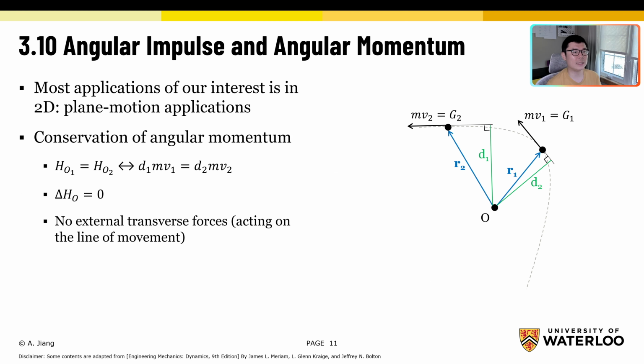We will look at the conservation of angular momentum here. Most of the time, we're going to work with the 2D motion. The conservation of angular momentum happens when there are no external forces or external transverse forces acting on the line of movement.